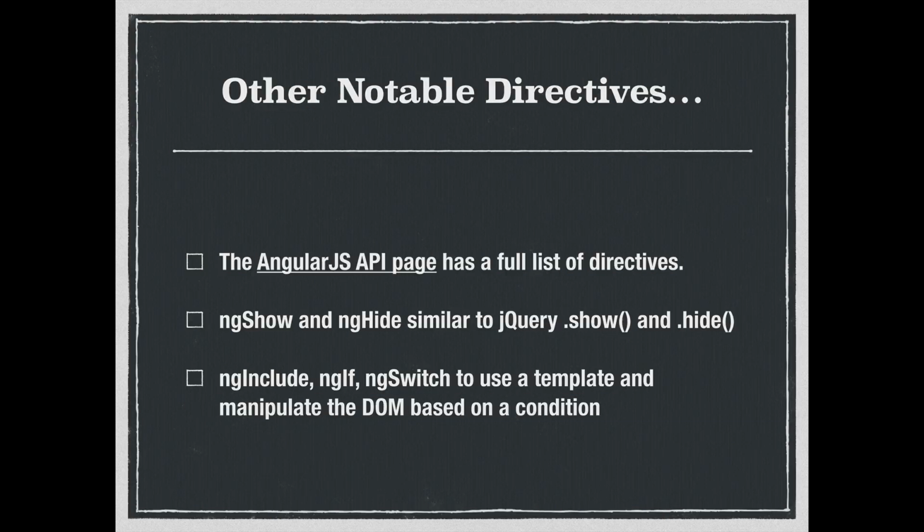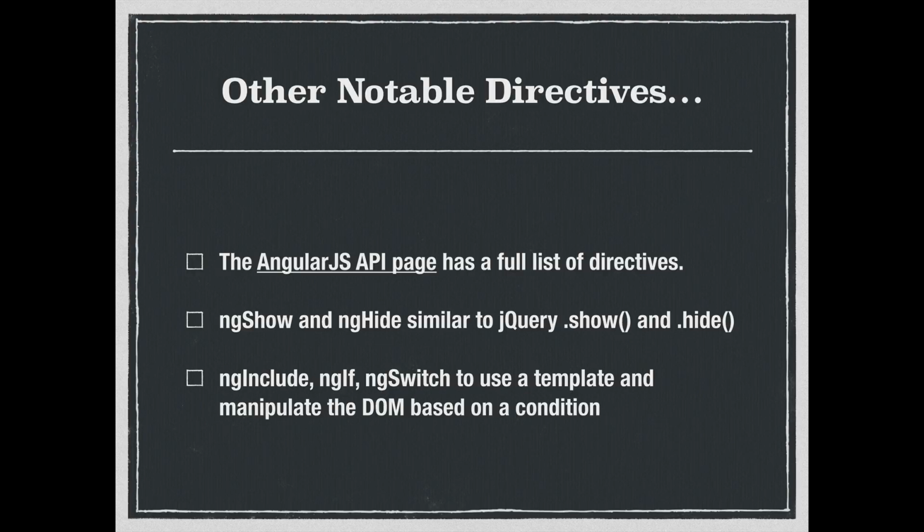So, other notable directives, we have the AngularJS, of course, full documentation there, tons of stuff. There's an ng-show and ng-hide, similar to jQuery show and hide, that allows you to bind to something on your scope. And there's ng-include, ng-if, ng-switch to allow you switching out templates and manipulating the HTML based on a model that's in your scope on your controller.